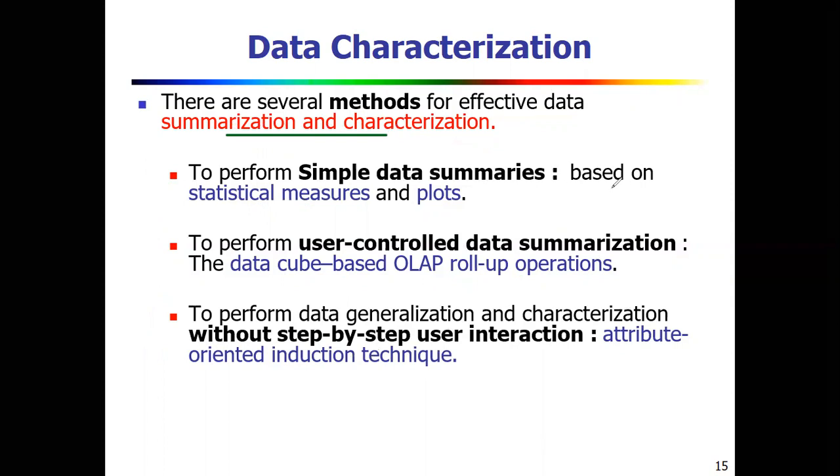So there are three methods for effective data summarization and characterization. First one is based on statistical measures and plots, known as simple data summary. Second is based on data cube OLAP roll-up operations, which summarizes the user controlled data.